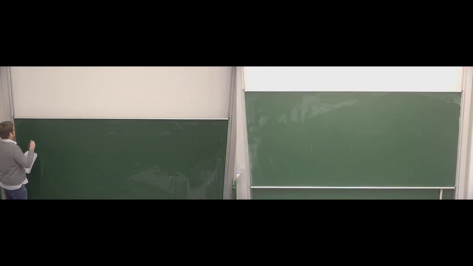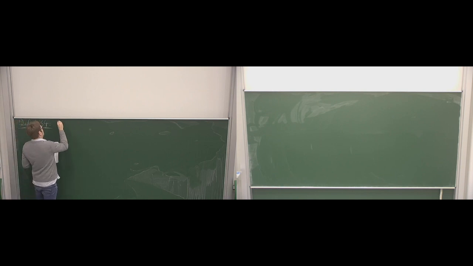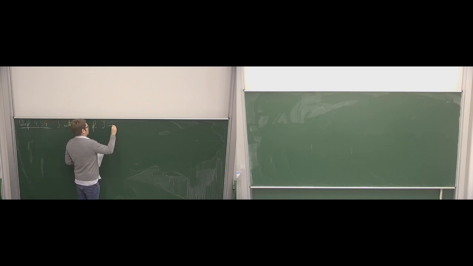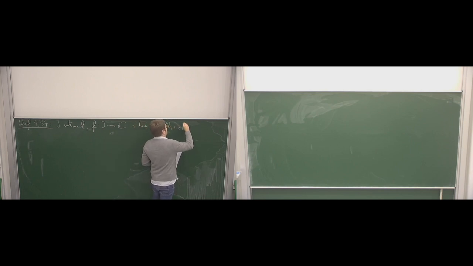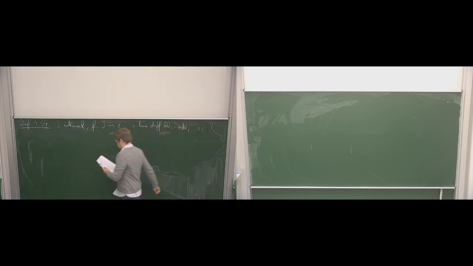Okay, let's define these polynomials formally, motivated by the computation that we just did. Definition 34. Let I be an interval, f going from I to C, which is n times differentiable, where n is just some natural number, and where we take a point a in the interval.